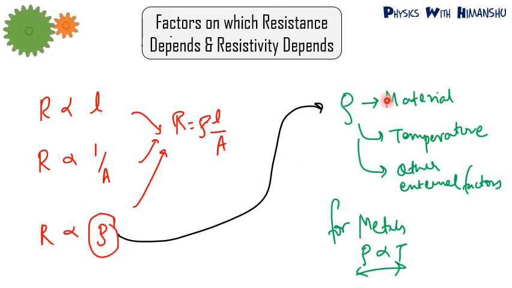Resistivity depends on the type of material, temperature, and other external factors. Remember, for metals, resistivity is directly proportional to temperature, only for metals. So resistance depends on resistivity, length, and area, but resistivity is independent of length and area.